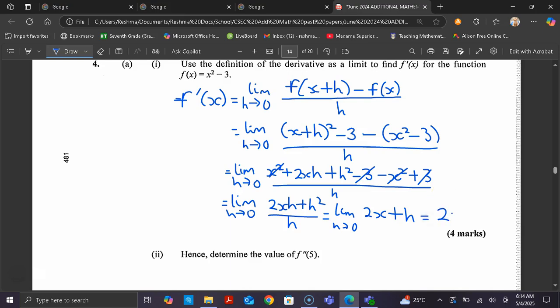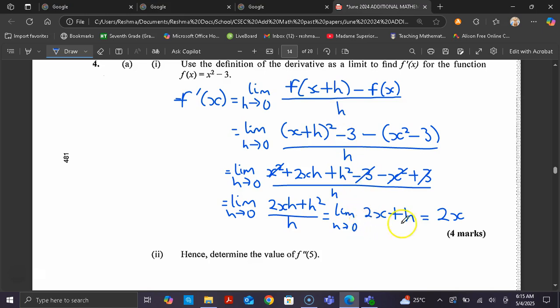So therefore, the limit is just 2x. In other words, to cut a long story short, f'(x) represents dy/dx. So if I differentiate f(x), I should get 2x, which is the whole moral of the story. And we do know if we differentiate x squared, we do get 2x.